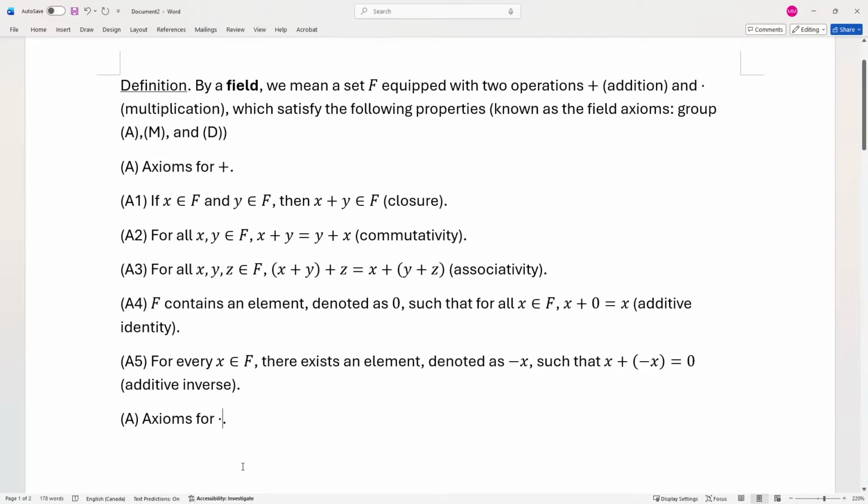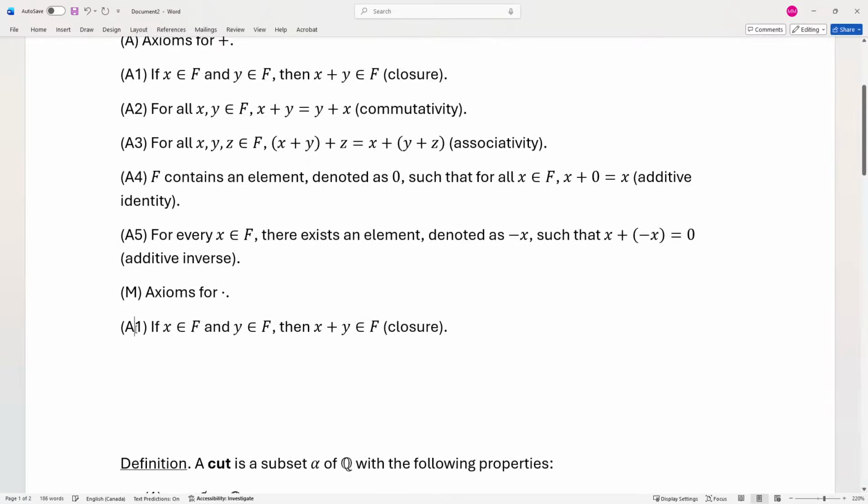So let's just copy this down. This is M. M1 is the multiplication axiom that says closure. If x is in F and y is in F, then x times y, which we simply write xy, is in F.